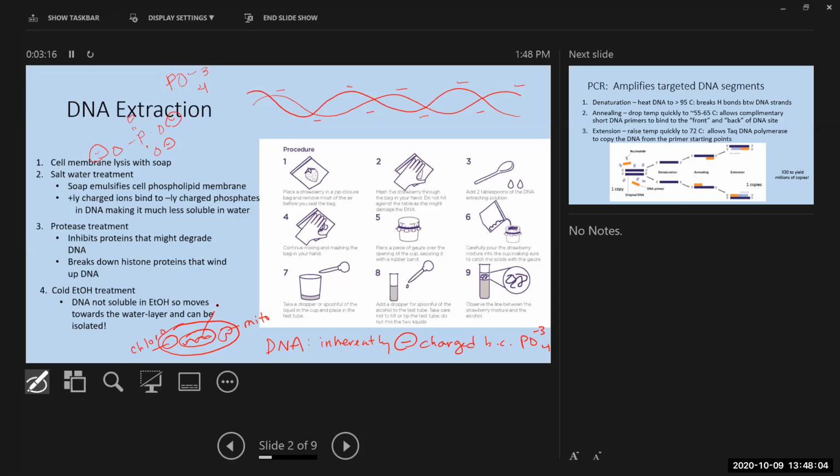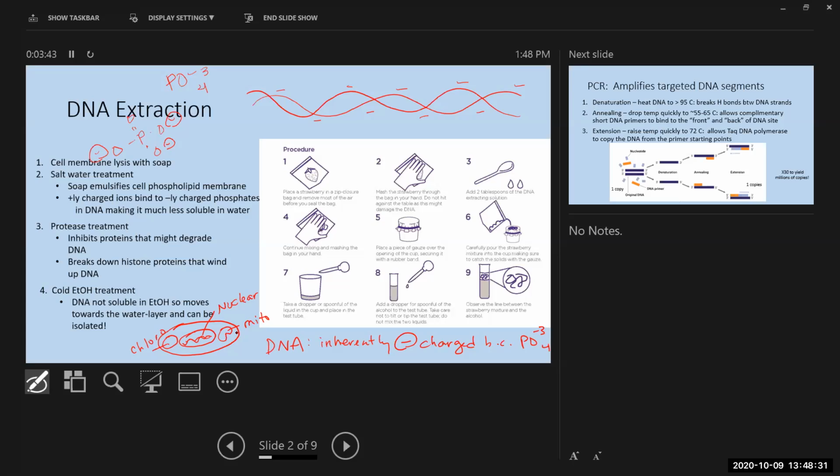So in all eukaryotic cells, we're going to have nuclear DNA and mitochondrial DNA, and then plants are going to have the chloroplast DNA. Now we've got 3 little sacs or membranes that are encapsulating or hiding the DNA, and we need to get to them. We want to get to all of this DNA depending on what organism we're extracting DNA from.